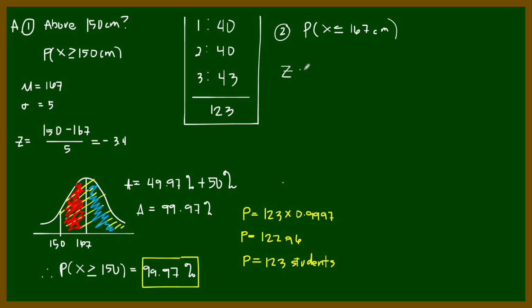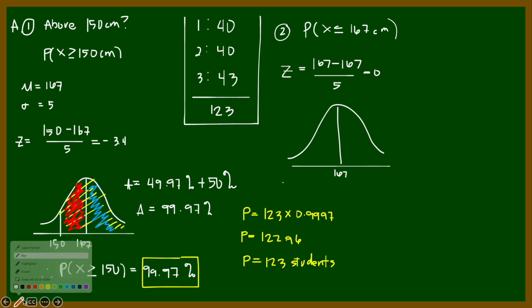So, we have z is equal to 167 minus 167 all over 5. And this is equal to 0. So, the normal curve behind these numbers, let's say this is your 167. Okay, below. So, what we are referring to here, classmates, is this part.